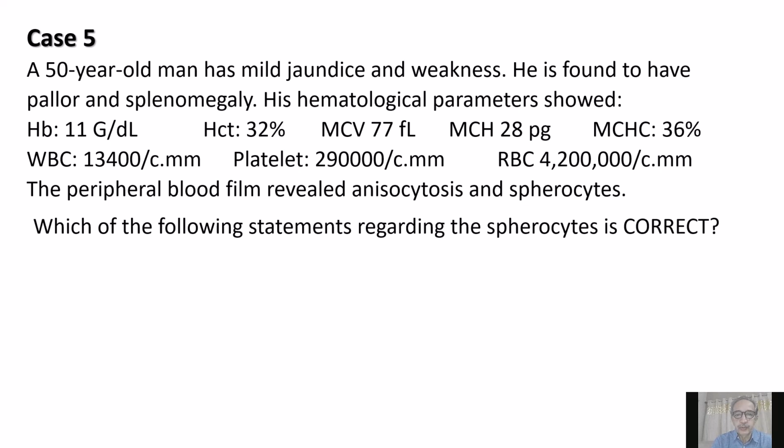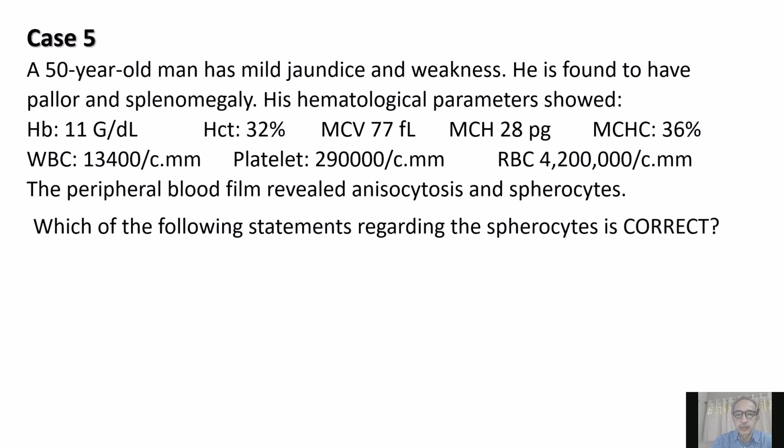Peripheral blood shows anisocytosis and spherocytosis. Which of the following statements regarding spherocytes is correct? So here is a case of anemia with spherocytes in the blood. It's called spherocytic anemia. Spherocytes are small spherical RBCs.